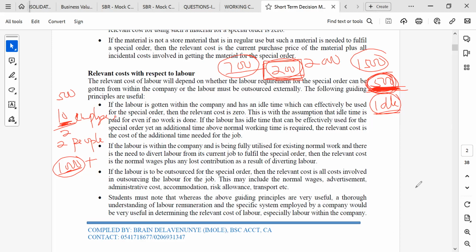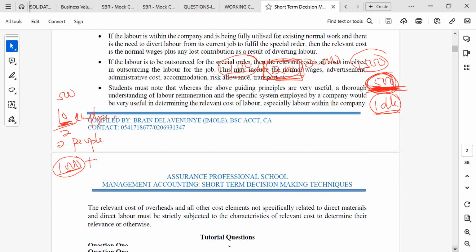Okay, students must note that whereas the above guiding principles are very useful, a thorough understanding of labor remuneration and the basic system employed by a company will be useful in determining the relevant cost of labor, especially labor within the company.